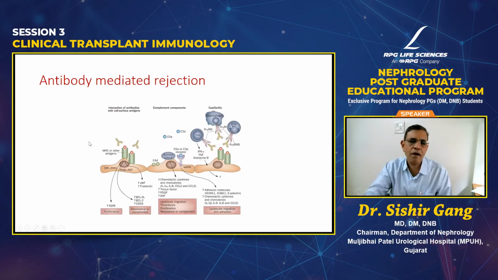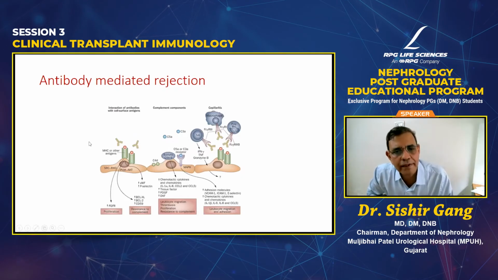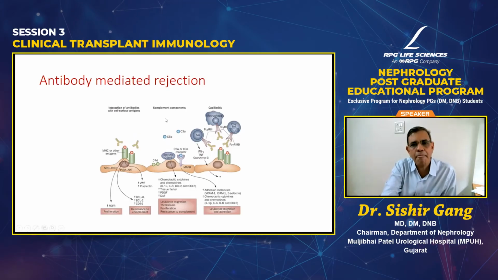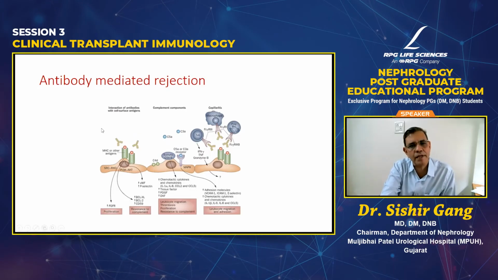Now, once these antibodies are there, how does it really affect the graft? So how do the antibodies damage the graft? There are essentially three mechanisms by which the antibodies can damage the graft. Because these are anti-HLA antibodies, and the class 1 antigens are expressed by endothelial cells and tubular cells, they can bind mostly because they come in contact with the endothelial cells.